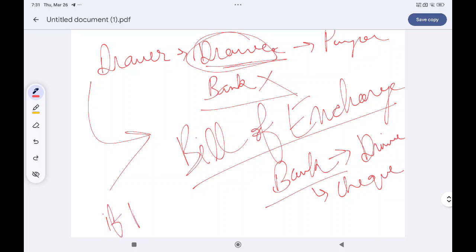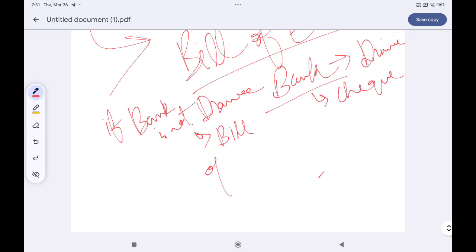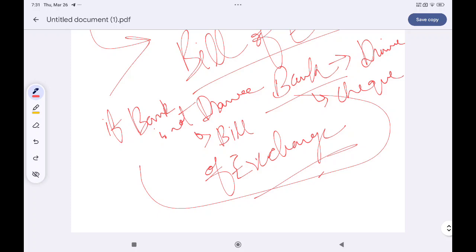If the bank is not drawee, we call it a bill of exchange. I hope you are getting my point, what I have been trying to explain.